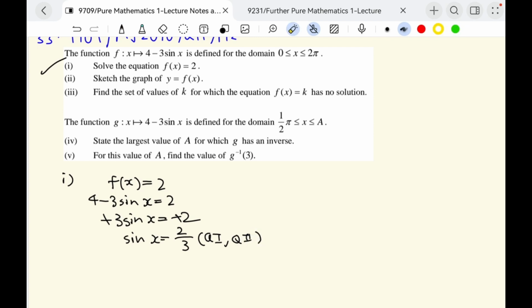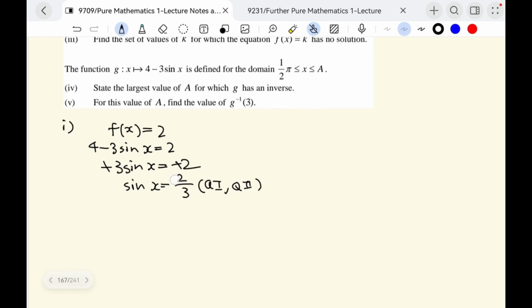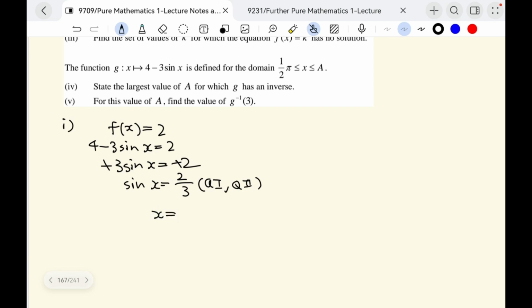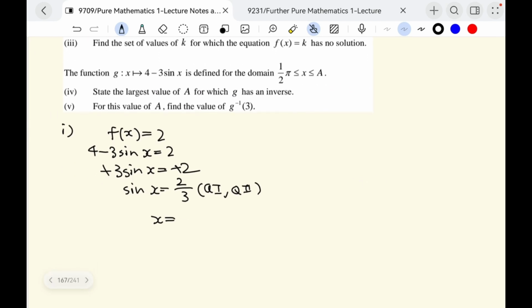Take the arc sin to get the solutions you want. Since the angle is in radian mode, make sure to convert the angle units in your calculator. And then you will get 0.730 radians, with pi minus the arc sin of 2 over 3, so you'll get 2.41 as your final answers.